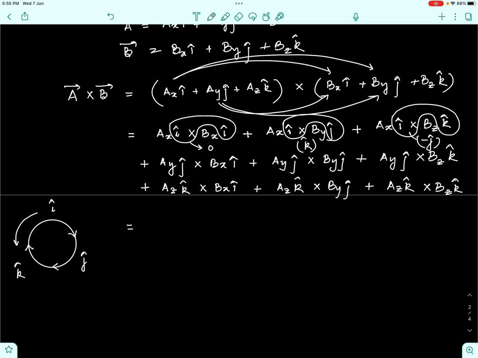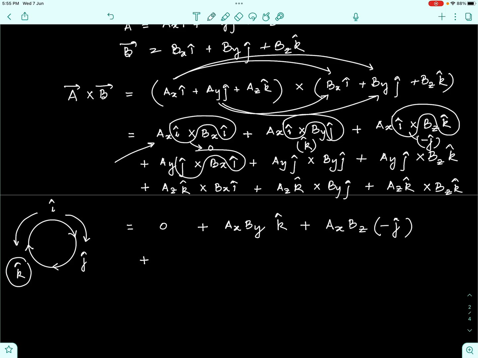So the first term, because I cap cross I cap we have here, this will be 0, plus the second term is AXBY into I cap cross J cap, which is K cap, plus the third term, which is AXBZ into I cap cross K cap, which we have just now seen, it is minus J cap, right, plus the next term now, this one, J cap cross I cap.